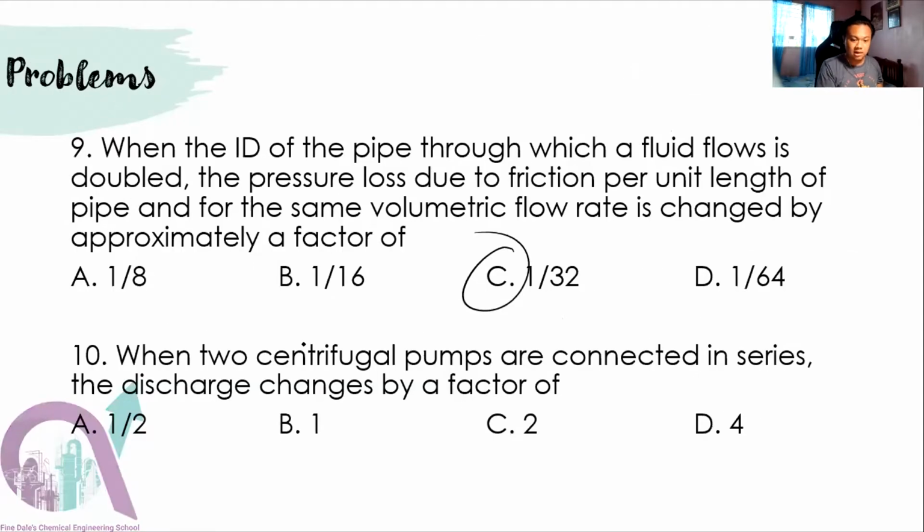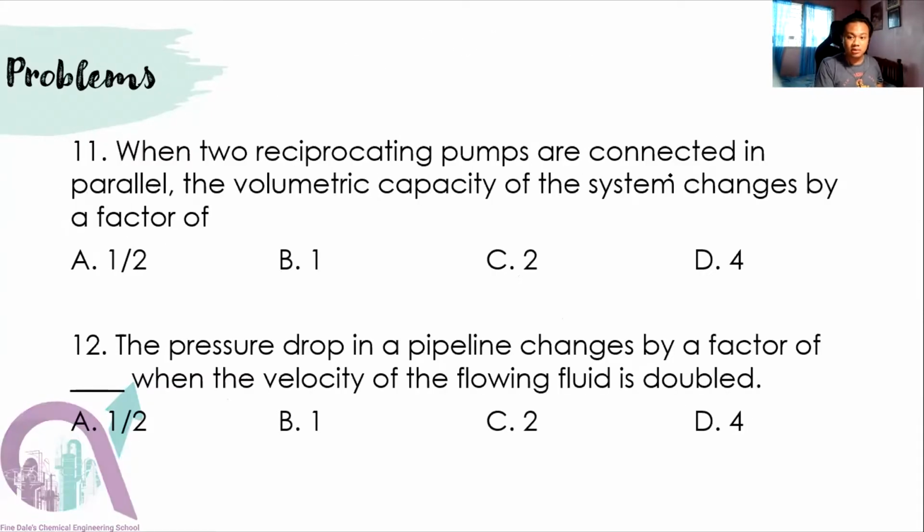Okay, so if centrifugal pumps are connected in series, the discharge will not change, so the factor is 1. Number 11, connected in parallel, changes by 2.